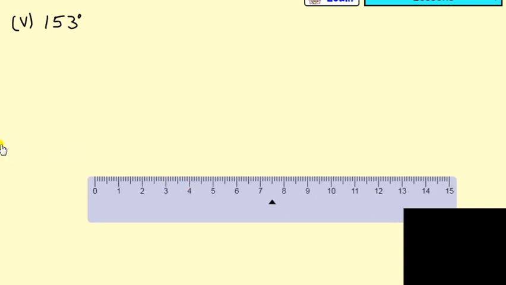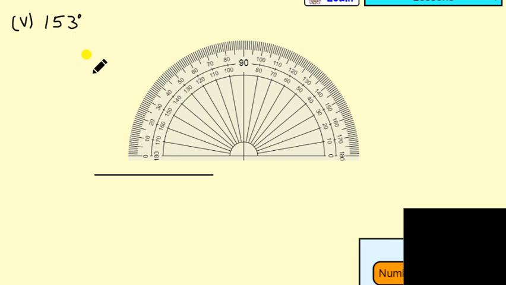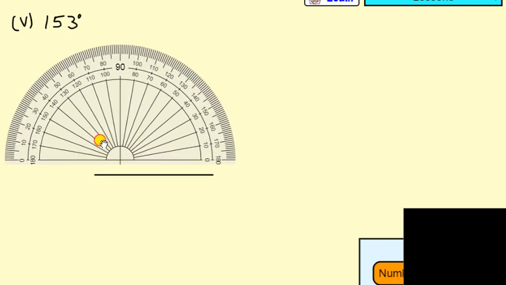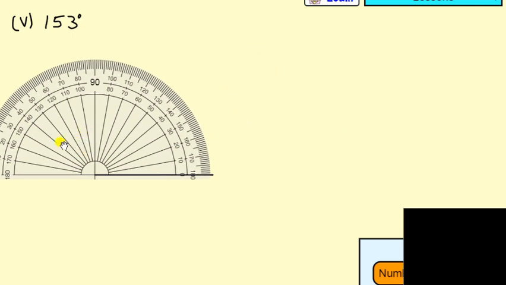Now remove the protractor and draw a line segment. You can see here this one is your line segment. Give the names A, B and C. So your angle is 126. This angle is 126 degrees.